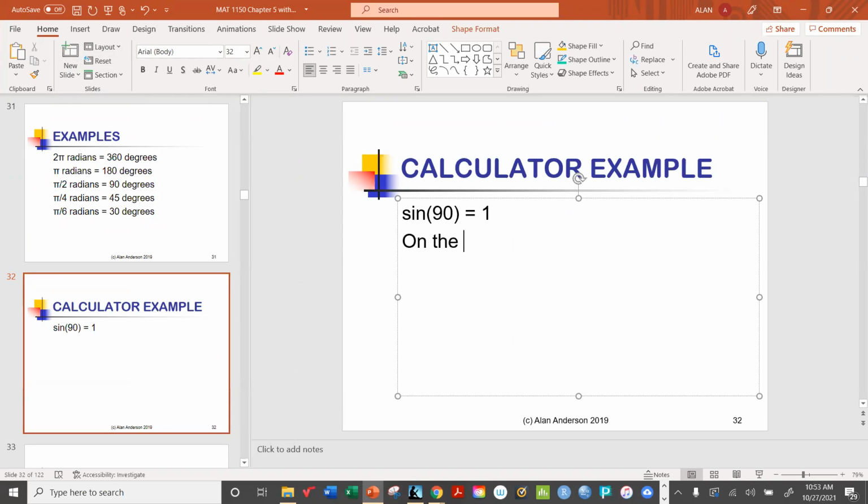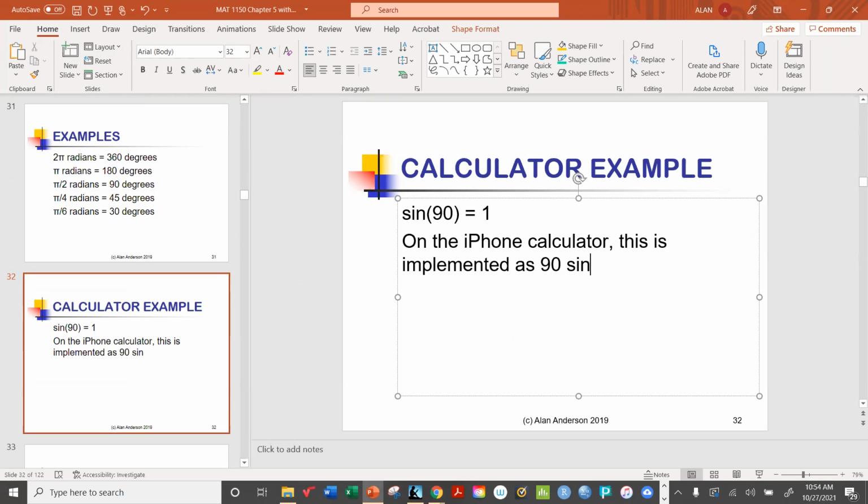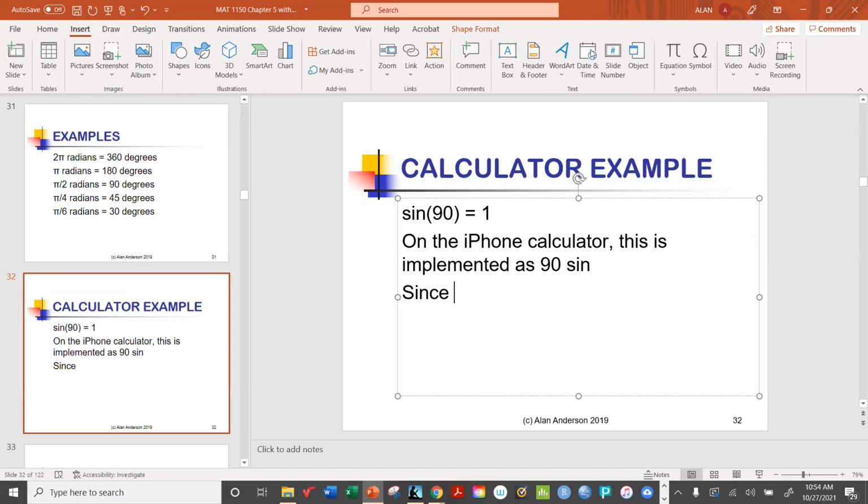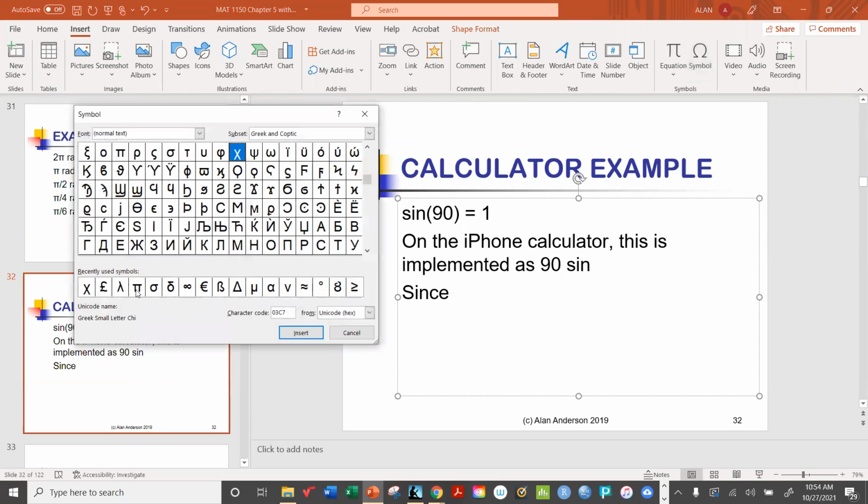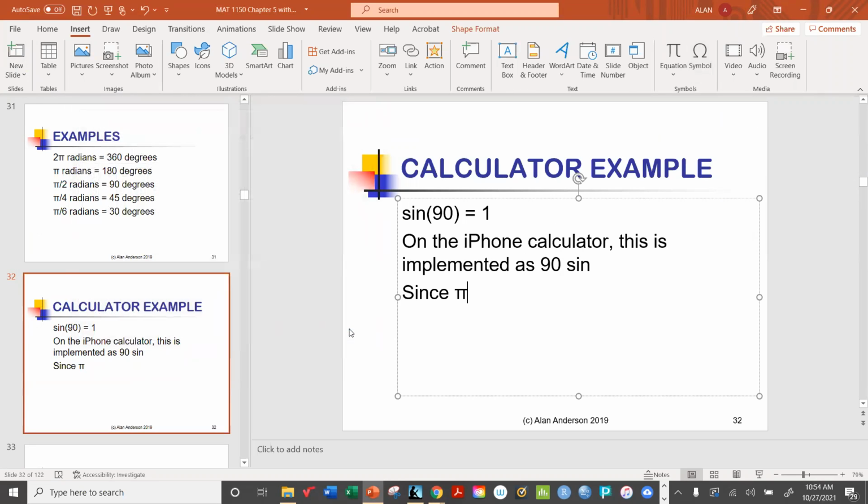On the iPhone calculator, this is implemented as 90 sine. Okay, but since pi over 2 radians equals 90 degrees, the sine of pi over 2 obviously equals 1 as well.